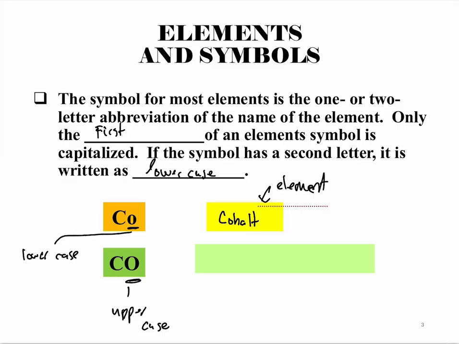It's a compound or a molecule, right? So this is carbon monoxide. We don't have a single element anymore. We have two elements that are bonded to each other. So that's why it's important to distinguish between the capital and lowercase letters, especially when we get to writing molecular formulas.